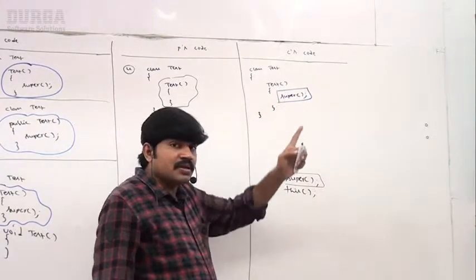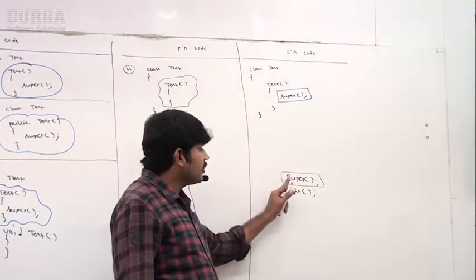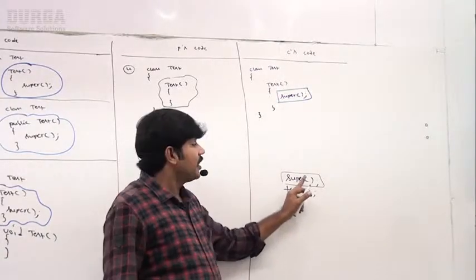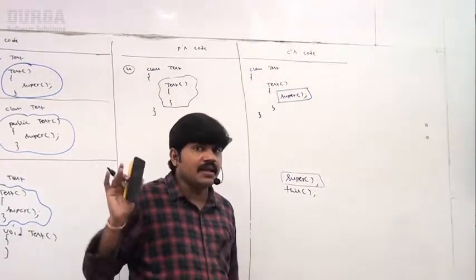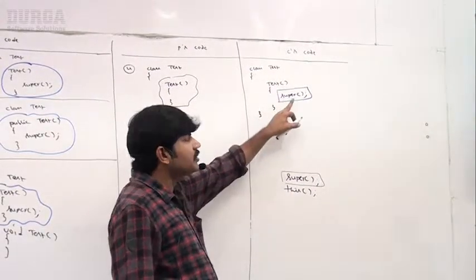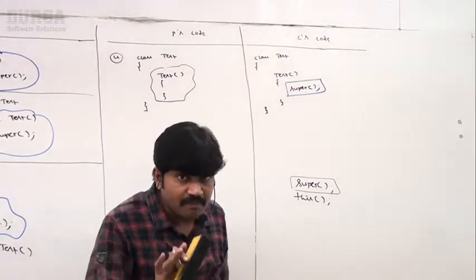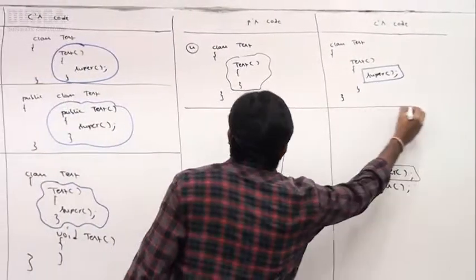The first line inside every constructor should be either a super call or a this call. What is the meaning of this call? I will explain. Either a super call or a this call. If we are not writing anything, the compiler is always going to place super. So this line is generated by the compiler.